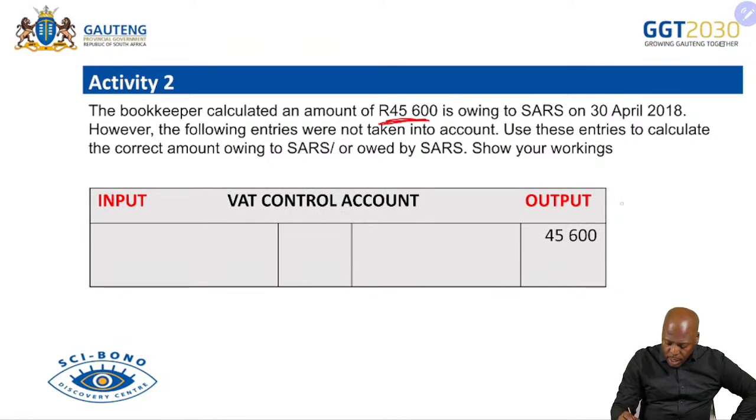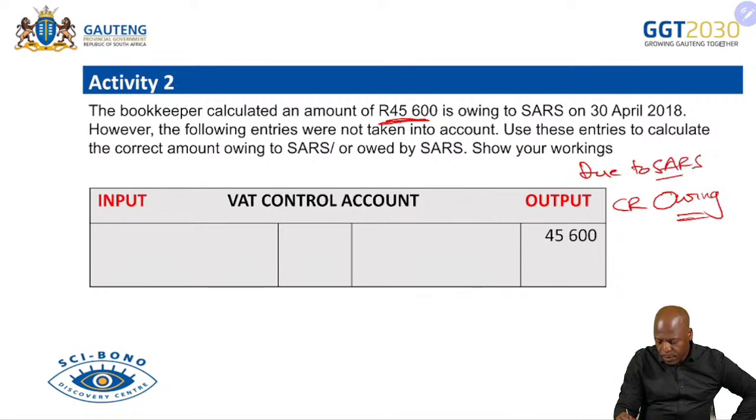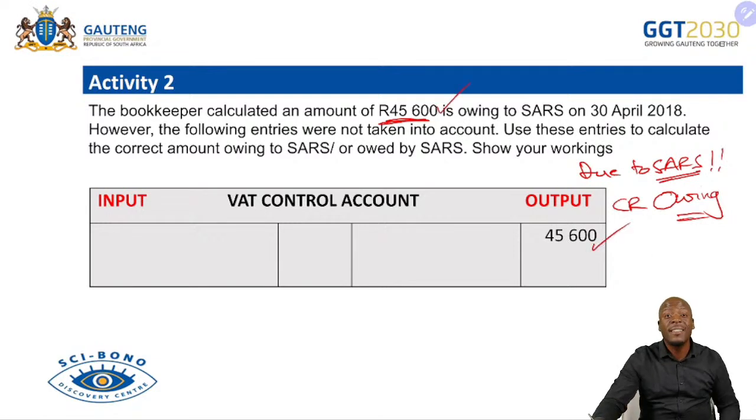Owing comes to the credit side. This is where my owing is going to come. So this simply means it is due to SARS. And the balance becomes 45,600. That one there, due to SARS.